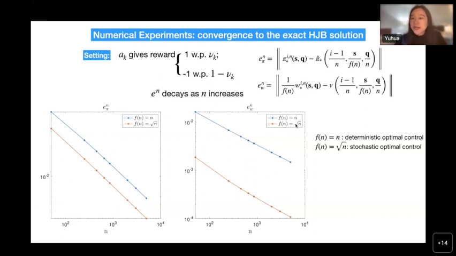If you rescale with a smaller factor, which is square root of n, you end up with a stochastic optimal control problem, where you have more information about your multi-armed bandit, and you will have a smaller error. Still, even with n at 10 to the third, the error is quite small. So both are very good approximations to the original problem when n is large.